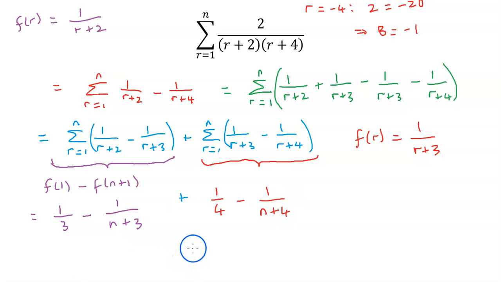And then from there, we just simplify at least a little bit. So a third plus a quarter, so that would be 4 over 12 plus 3 over 12, so 7 over 12, and then minus 1 over (n plus 3) minus 1 over (n plus 4). And that's all the simplification I'm willing to do for that one.